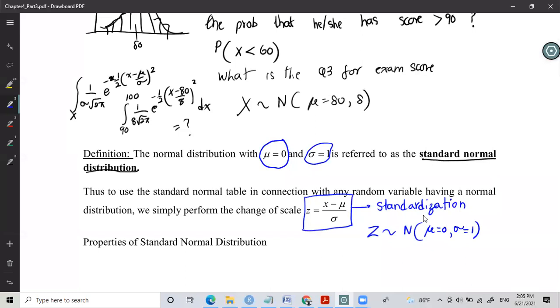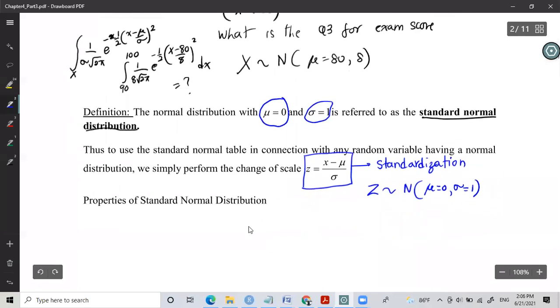For any random variable following any normal distribution, whatever the mean and standard deviation, you can always convert it into the standard normal distribution using the standardization Z score, then read the table and get the probability very easily. So no need for any integrations or hard calculations.